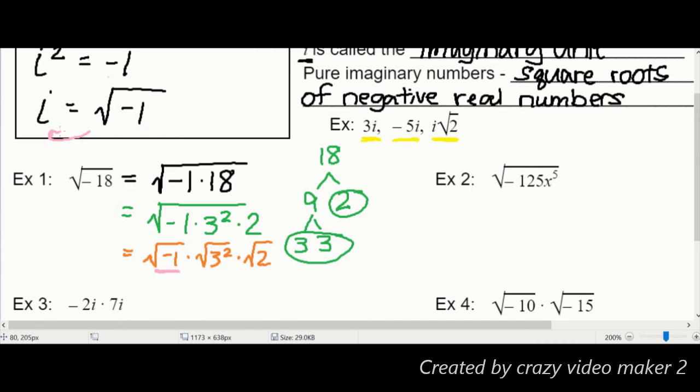So we can say i times, well, what's 3 squared, the square root of that? Well, it's just 3 times the square root of 2. So then if we were to combine this all together, we end up with 3 times i times the square root of 2.